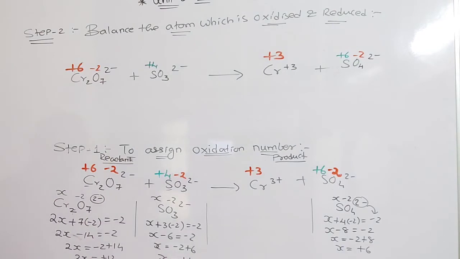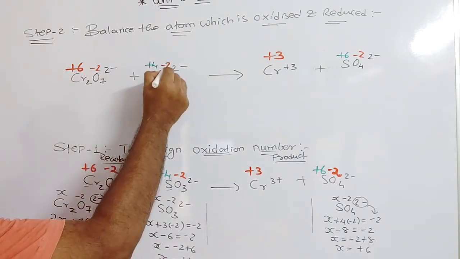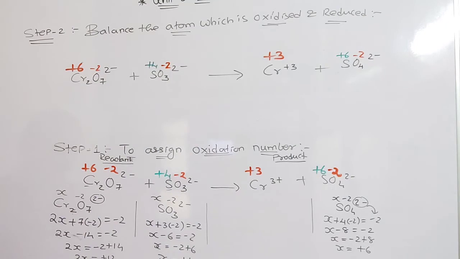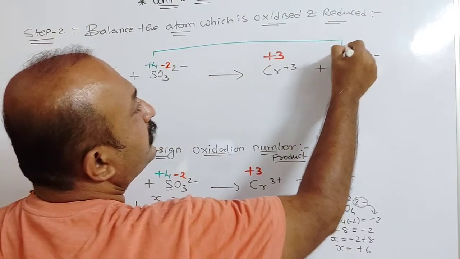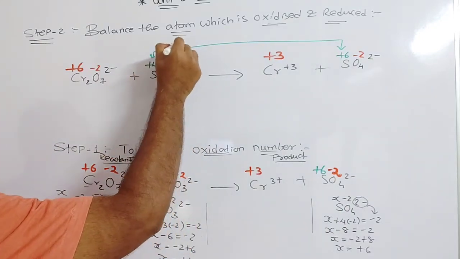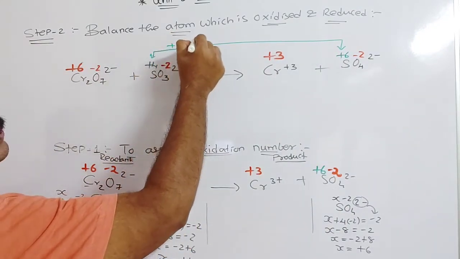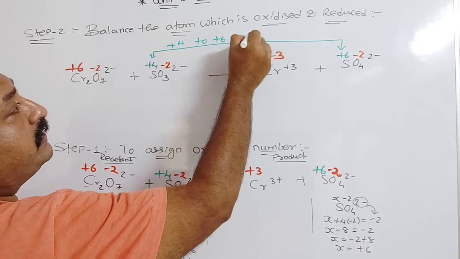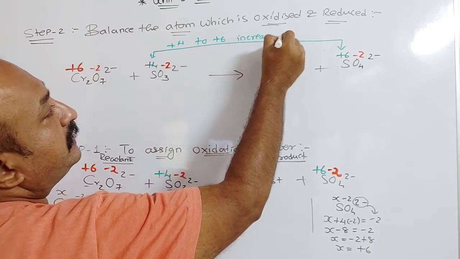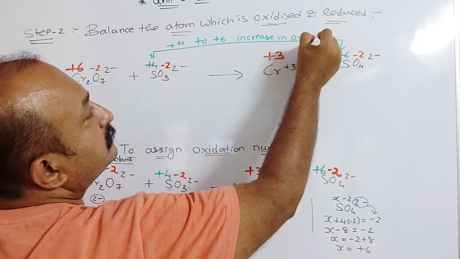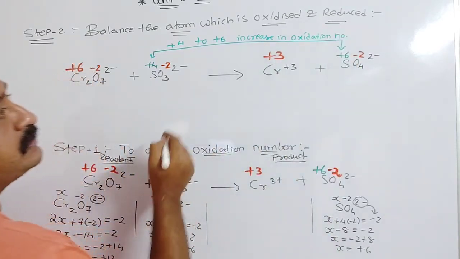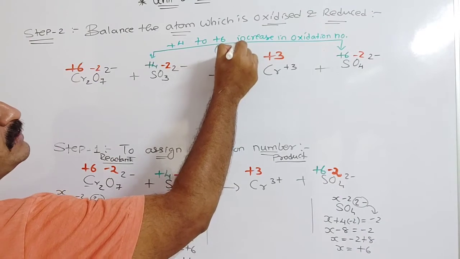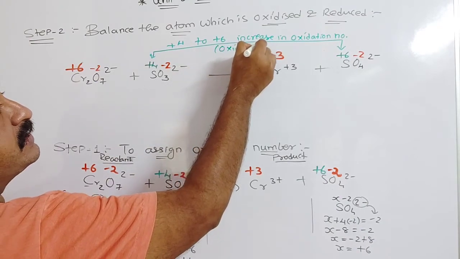So here this one is -2, oxygen. Now if you see sulfur, it is from +4 to +6, which means an increase in oxidation number. Increase in oxidation number means oxidation, so sulfur is oxidized.